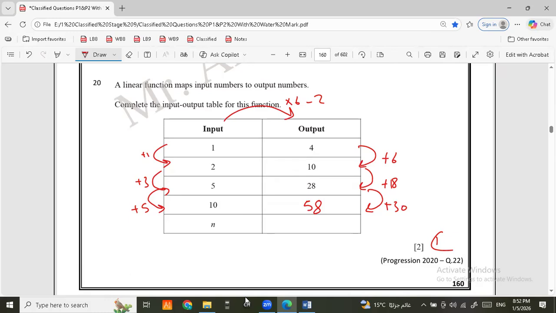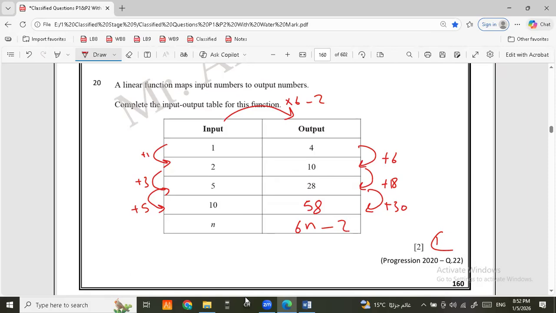Minus 2, it gives you 4. 2 times 6 is 12. Minus 2 is 10. 5 times 6 is 30. Minus 2 is 28. 10 times 6 is 60. Minus 2 is 58. So n times 6 is 6n minus 2. So 6n minus 2.